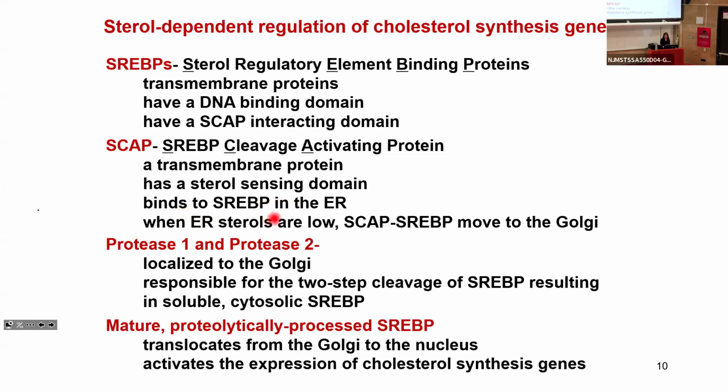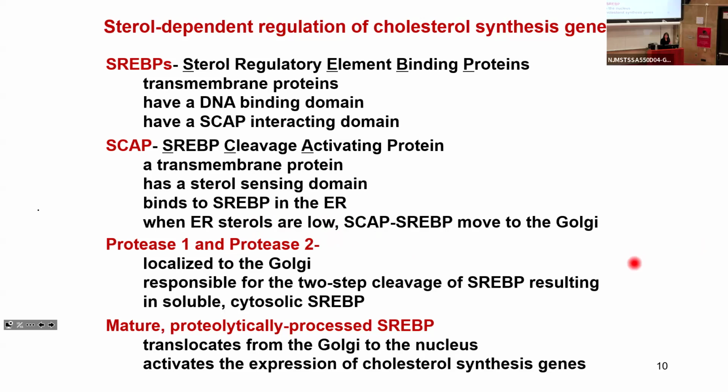And it binds to SREBP in the endoplasmic reticulum, so that when sterols are low in the ER membrane, this SCAP SREBP complex is going to move to the Golgi complex.